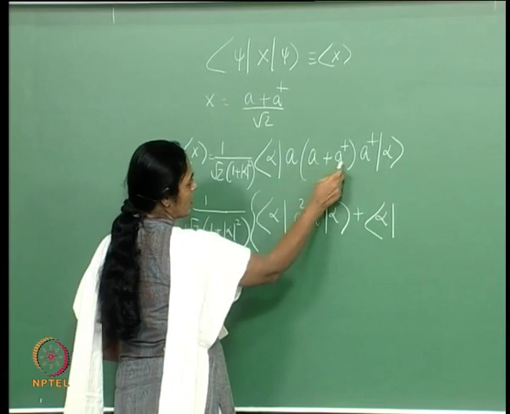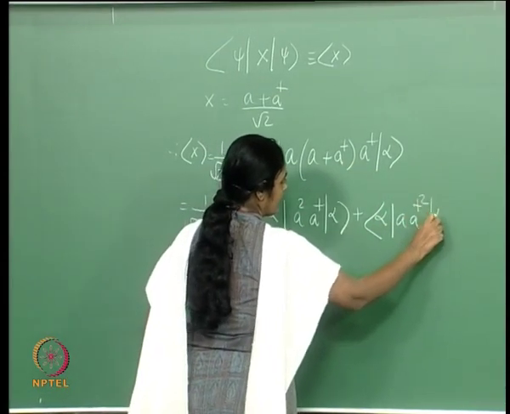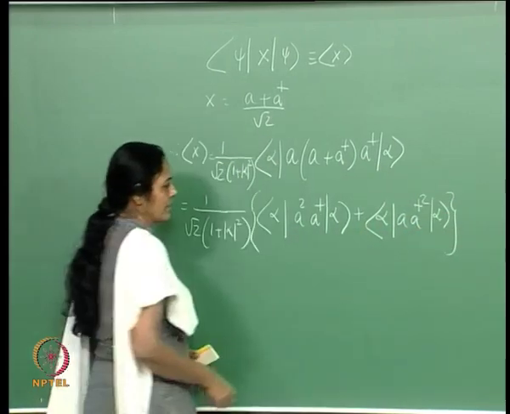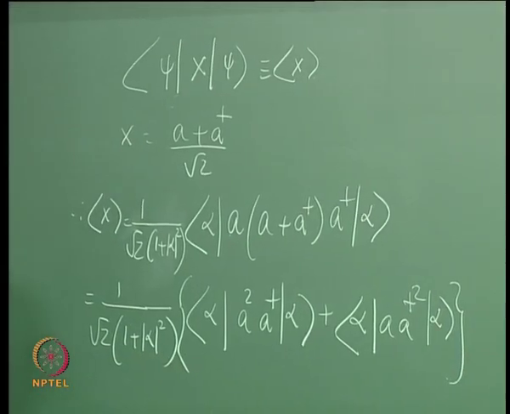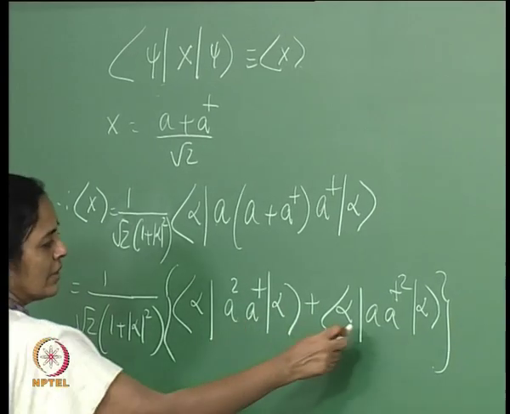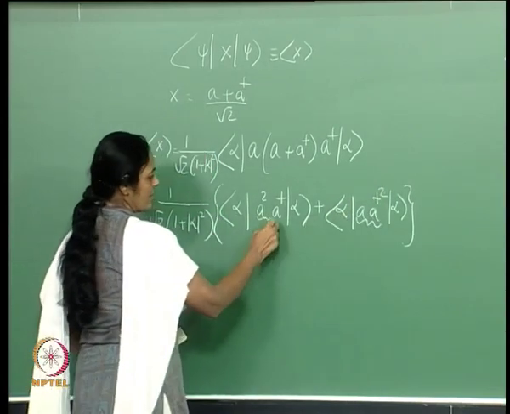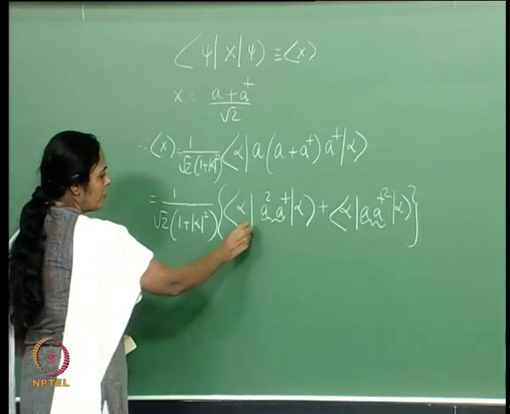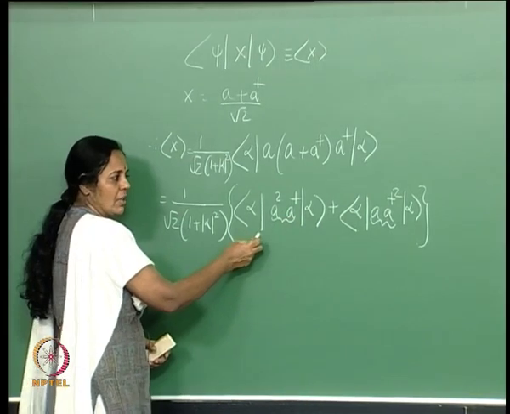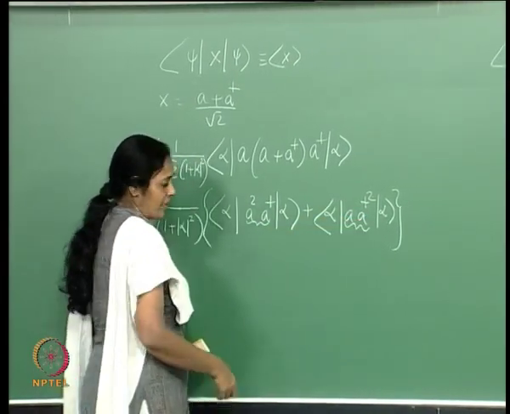The next is the expectation value of A dagger squared in that state. Now, it is clear that this operator here, its dagger is here, and therefore, if I know this expectation value, I can always take the complex conjugate and get the other expectation value.